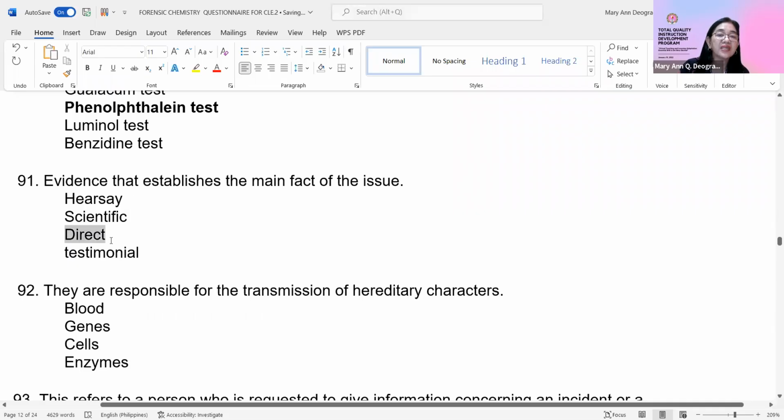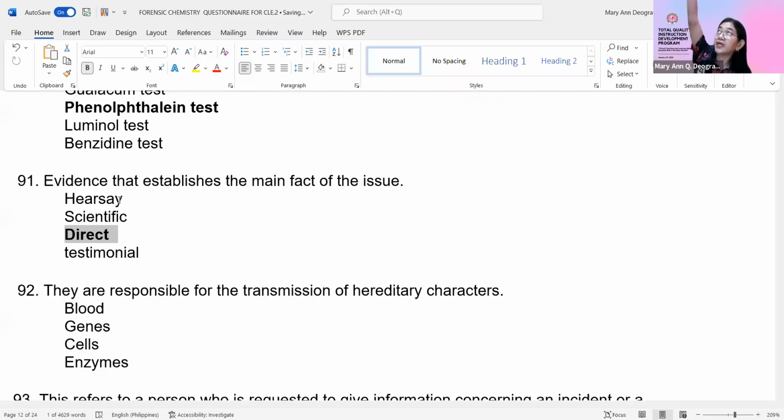Scientific is where scientific knowledge is applied. Ang hearsay naman, it's an evidence which is not based on personal knowledge. Okay, ang hearsay, sabi-sabi. Testimonial is the statement which is made by witnesses inside the court.